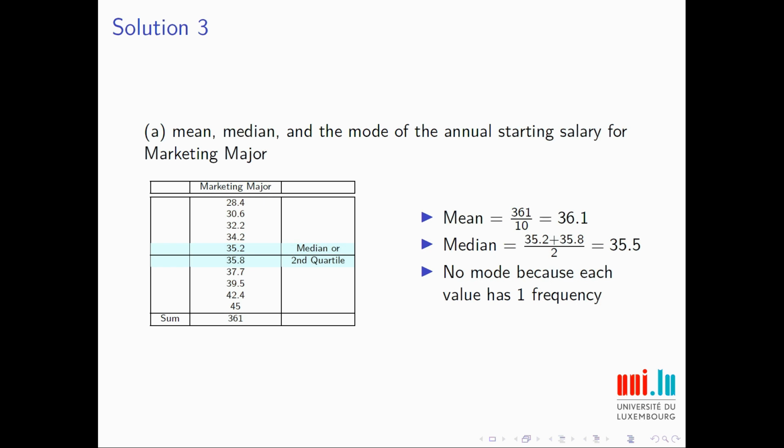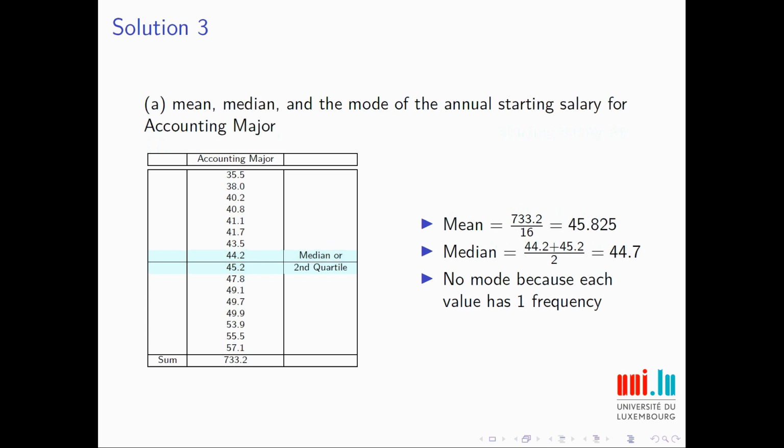So the median is just the average of these two elements. Since each observation appears in our data set once, we don't have a mode, because they all appear equally frequently.